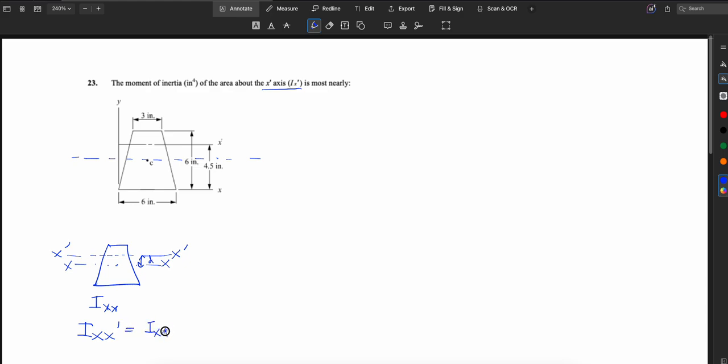Ixx, the moment of inertia of the trapezoid taken about the centroid, plus A d squared. So that's the area of the trapezoid times d, the distance from your normal axis to that shifted axis, squared.